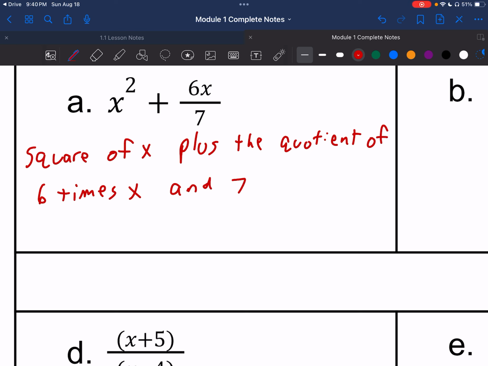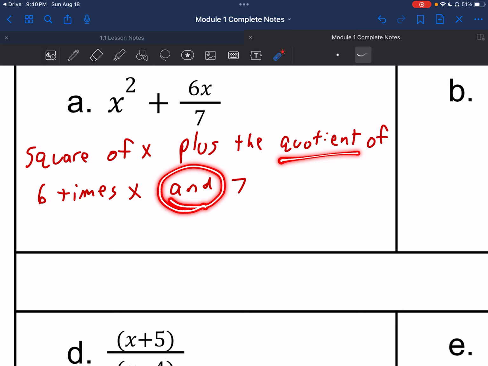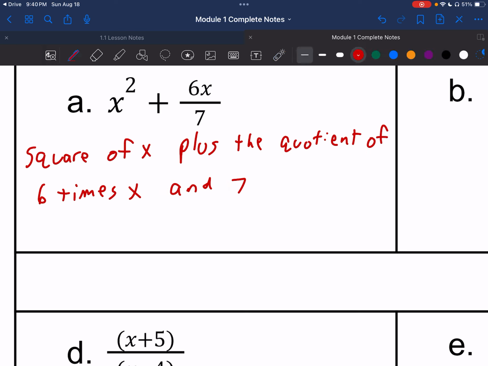Now, when we look at the quotient and the way we write it out, when you've got the word and with a quotient, that's going to tell you the break between your numerator and your denominator. And is that kind of separating word of what's on top and what's on bottom. So you know that the 6 times x is going to be in our numerator, and then the 7 is going to be in our denominator.